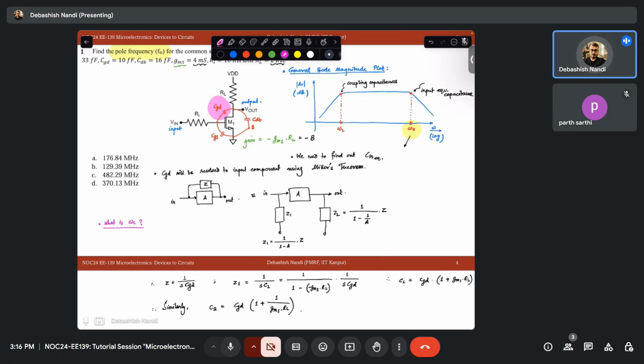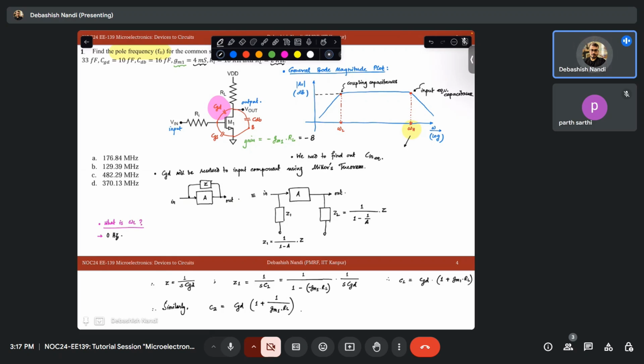So omega L is basically depending on your coupling capacitances, right? The capacitances you put at your input and output. As it is not given, as I have mentioned earlier also, this curve will start from here. Okay. So at your DC, your omega L will be almost 0 hertz.